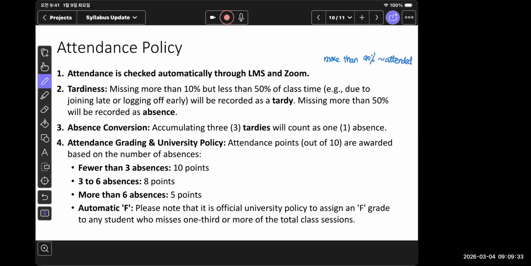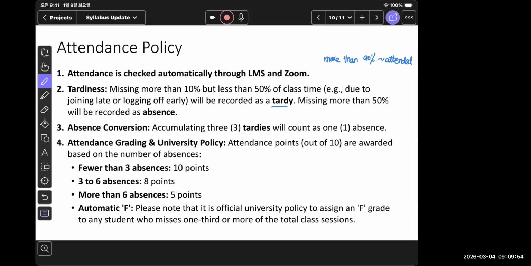But if you miss more than 10% but less than 50% of class time due to joining late or logging off early, then you will be marked as a tardy.